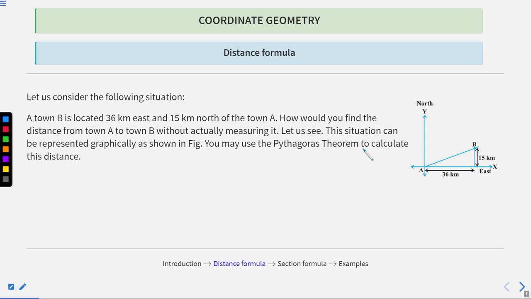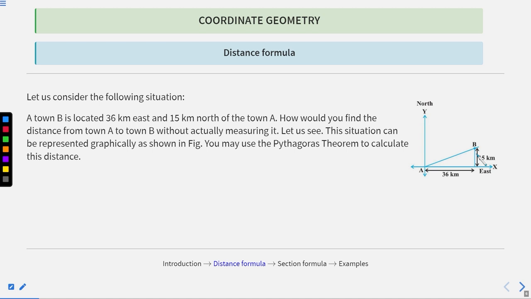You may use the Pythagoras theorem to calculate this distance. Here this is a right angle triangle, and the distance AB is the hypotenuse of this triangle. This distance is the base of the right angle triangle, and this is the height.